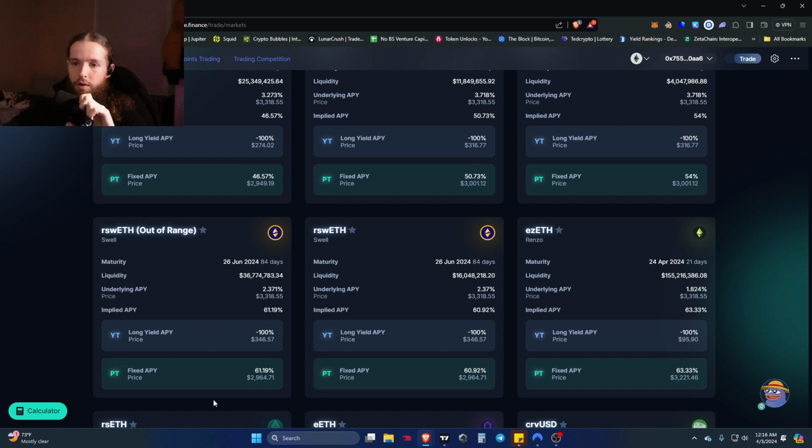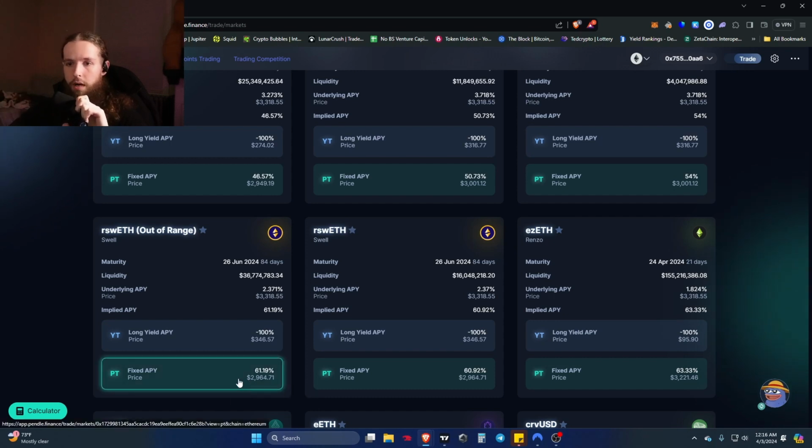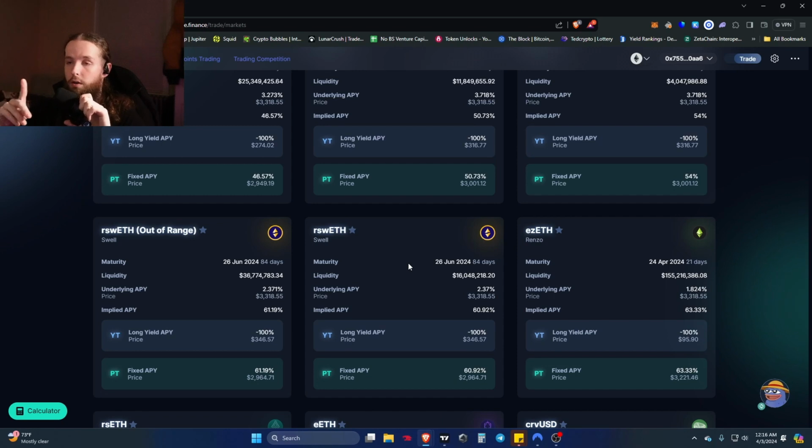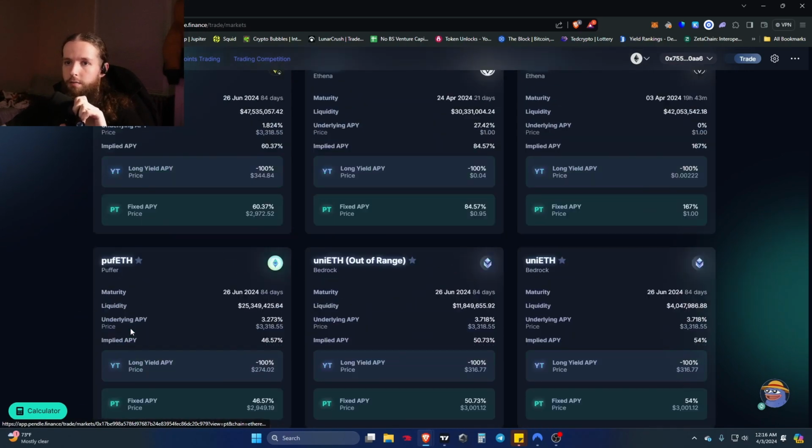So I could effectively buy 1 Ethereum right now for $2,900 or basically $3,000, and I would be effectively getting 1 Ethereum, 1 liquid restaking token Ethereum, that I only have to wait 84 days to cash out to the native asset for a much cheaper price. So there is that advantage that you have as well.